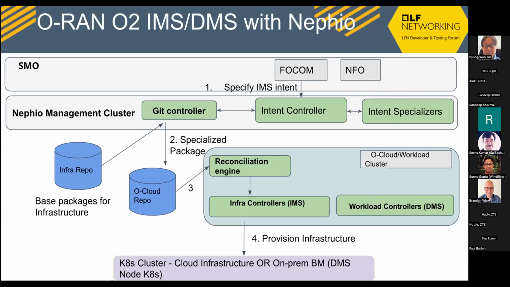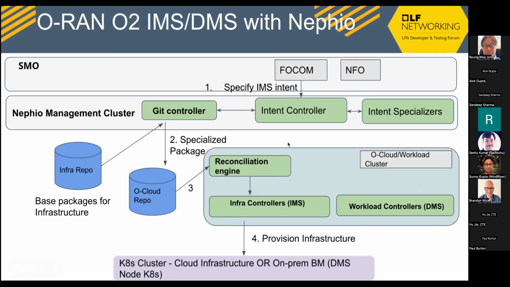No, I created it separately because I wanted to show that even this cluster, which is hosting all the O-Cloud related controllers, needs automation as well. But I get your point. This whole thing, from the Nephio management cluster to this purple box, is the O-Cloud. One is the management cluster, one is the workload cluster. Okay, got it. Thank you.